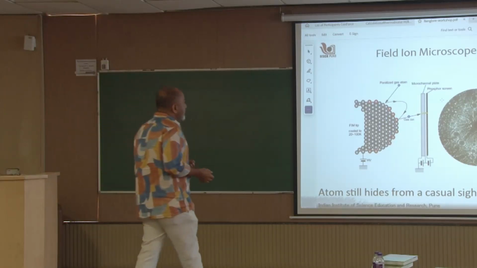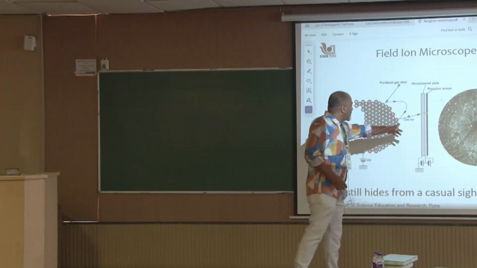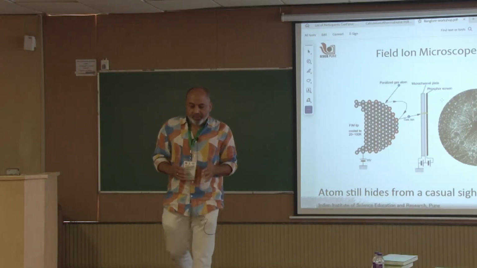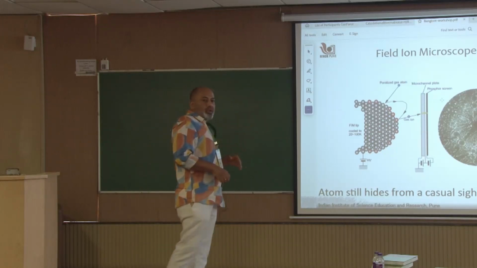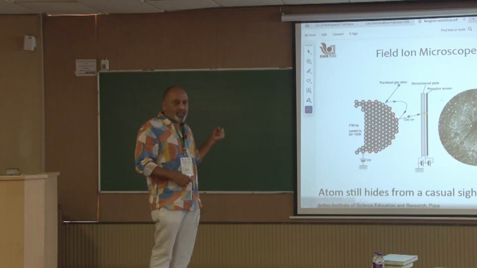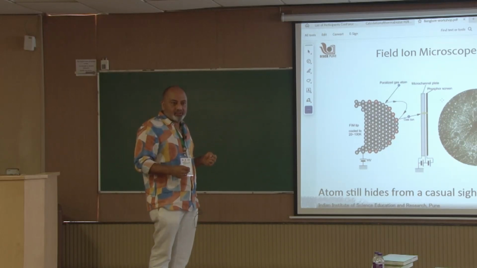And these polarized gas atoms, once you put in an extremely high electric field between the screen and the tip, one could have polarized gas atoms inside. And once that is polarized, it is pulled towards the tip. Okay, and they have thermal energy, so they are going around with a lot of kinetic energy, which is thermal.